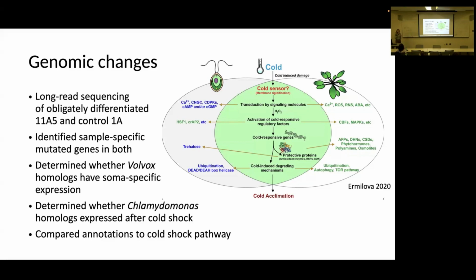I looked to see whether the Volvox homologs have somatic-specific expression. Remember, Volvox is differentiated. And I looked to see whether the Chlamydomonas homologs of these genes were expressed after cold shock. And finally, I compared the annotations of my genes to the known cold shock pathway for Chlamydomonas and Arabidopsis.